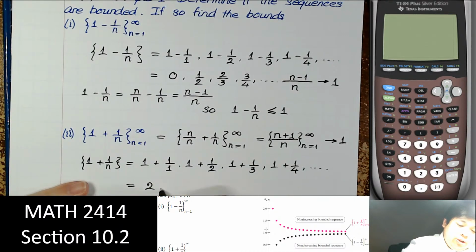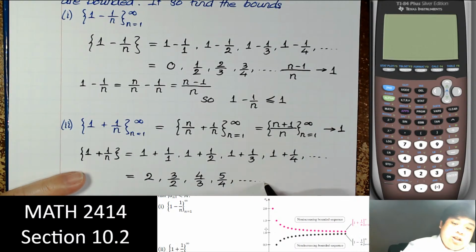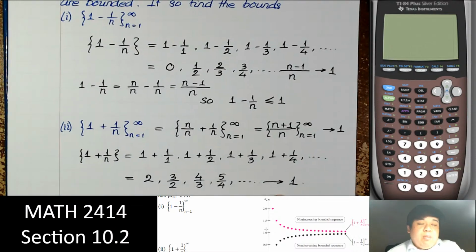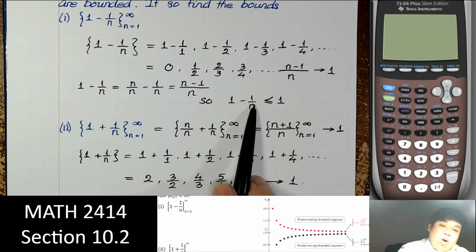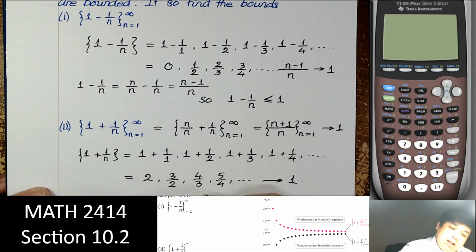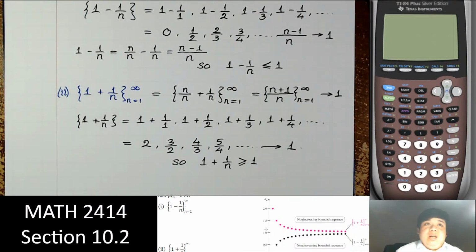So we have 2, 3 halves, 4 thirds, 5 fourths. If this continues, this will go to 1 as well. So both of the sequences go to 1. However, this one is less than or equal to 1, and 1 plus 1 over n is greater than or equal to 1. So 1 is bounded above for the first and 1 is bounded below for the second.